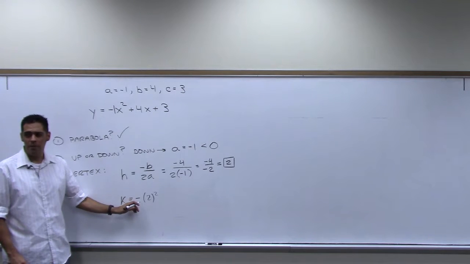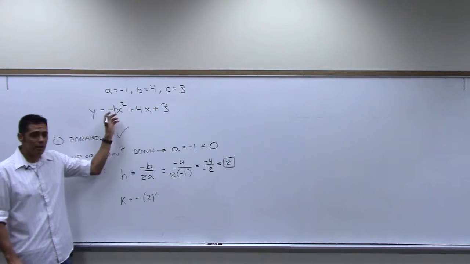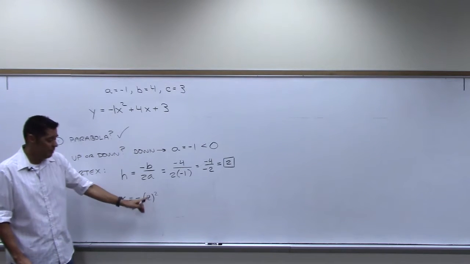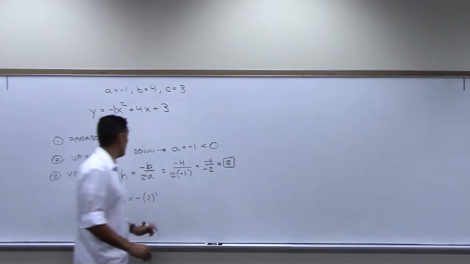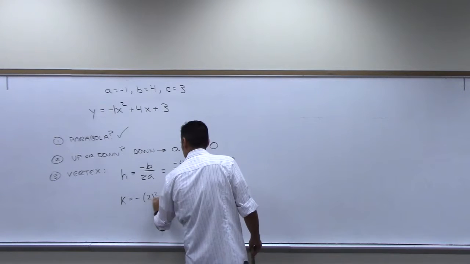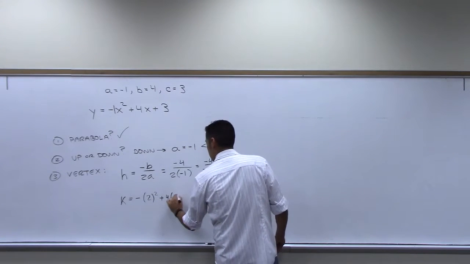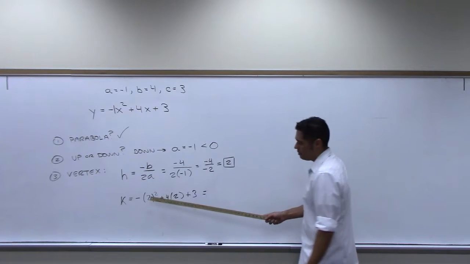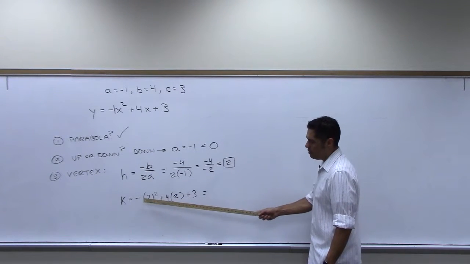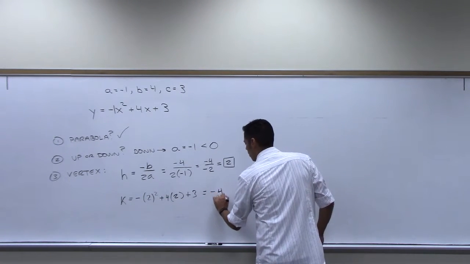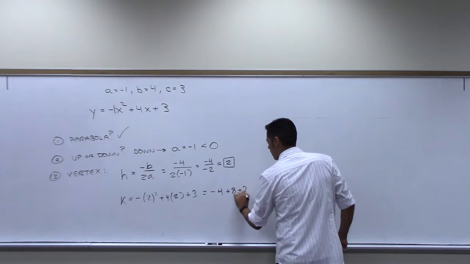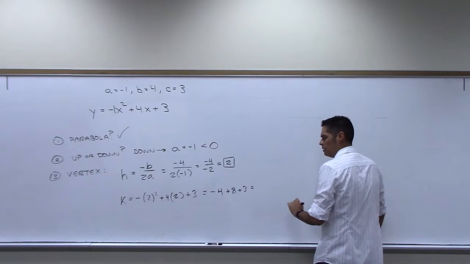You have to be careful with that. Don't say it's a negative being squared so it's going to be positive. No, that negative out front just changes the sign of whatever this is. Then plus 4 times 2, and then plus 3. 2 squared is 4, but then you make it negative, so minus 4. 4 times 2 is 8, and then plus 3. So you should get 7.